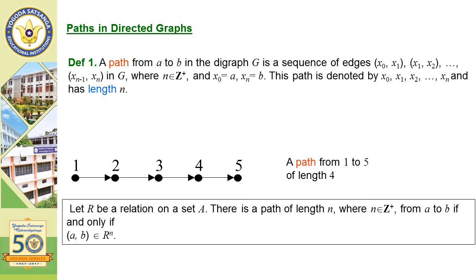R to the power 0 means path length 0, and R to the power 1 means path length 1. In this figure, the relation is R to the power 1, and for R to the power 2 the path length will be 2. For example, 1, 2, 3 is a path of length 2. A path of length 3 goes from 1 to 4. In this way, the path length is determined.